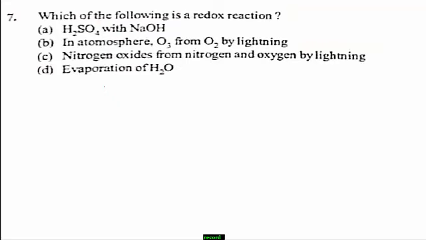In NO it is minus 2, and in the molecular form O2 it is 0. Right. Here O2 is oxidized.